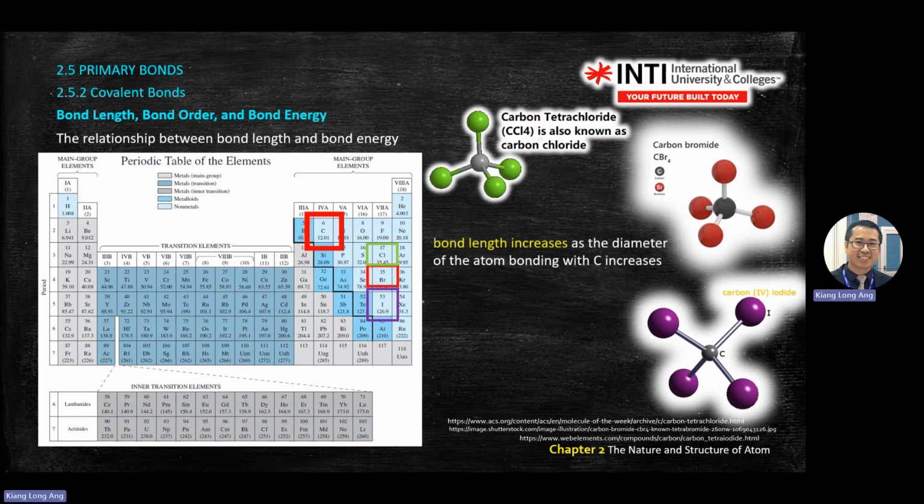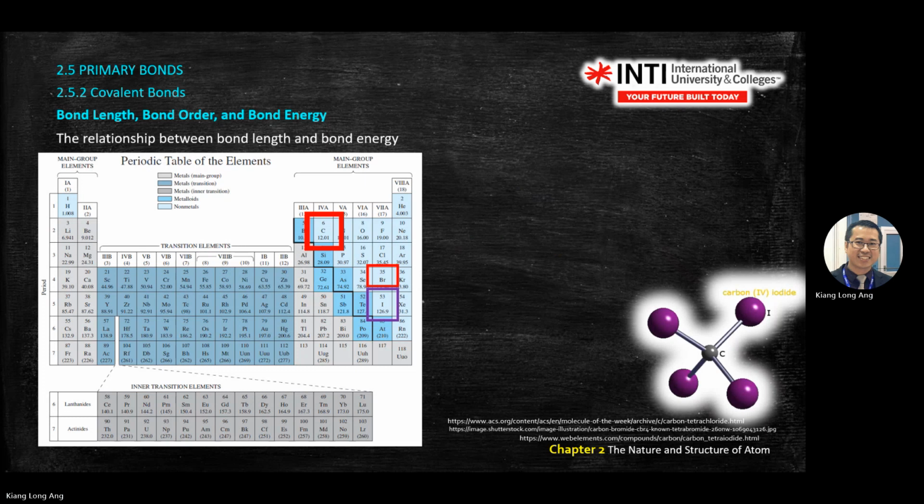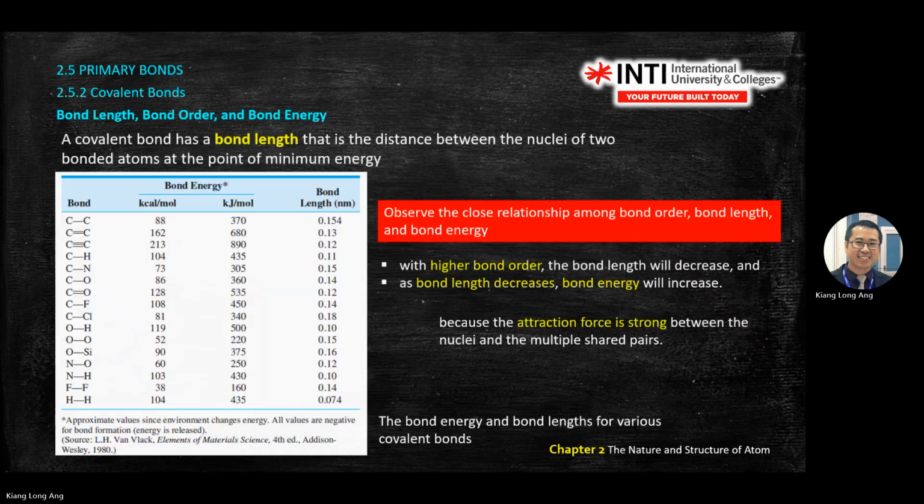So bond length increases as the diameter of the atom bonding with the C increases. Okay, so this is how you read it. This one you visualize either by the periodic table or you refer to this one.